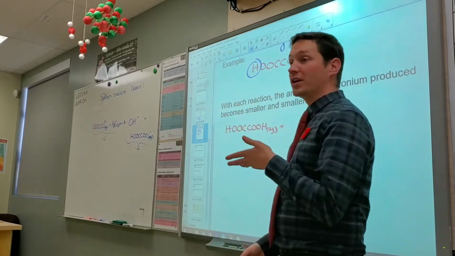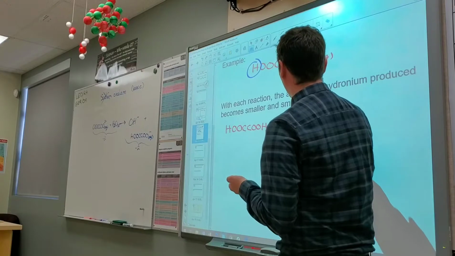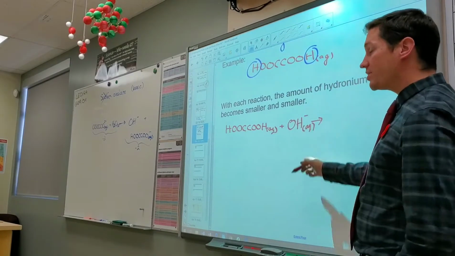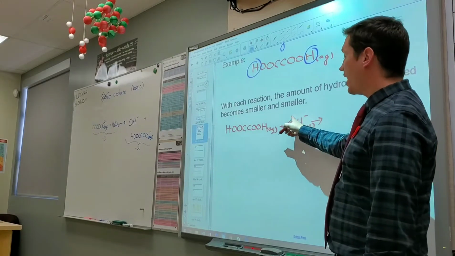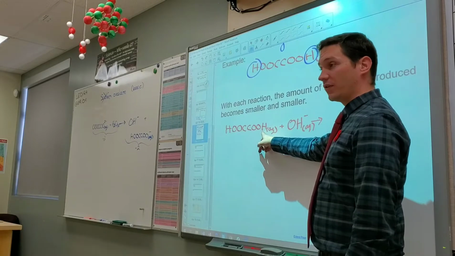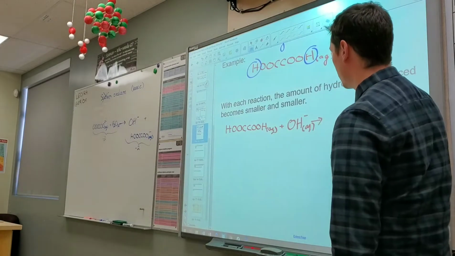Yeah, or just in general, a hydroxide, right? A hydroxide. So the first reaction here, this hydroxide is going to neutralize the very first hydrogen. Do you agree with that? That first acidic hydrogen is going to be gone.